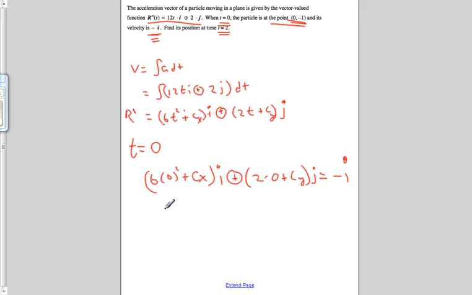So now let's solve those each independently. This becomes cx i plus cy j equals negative i.